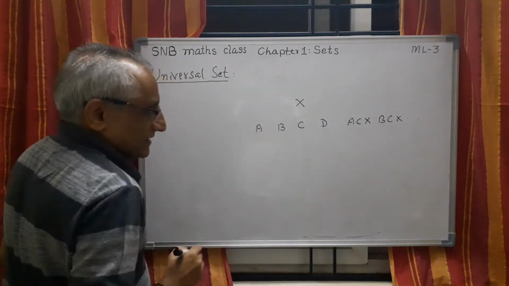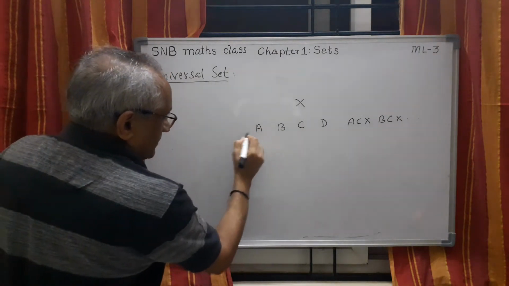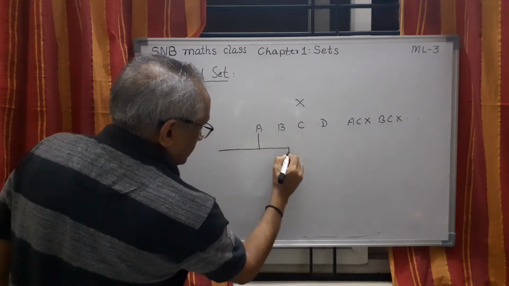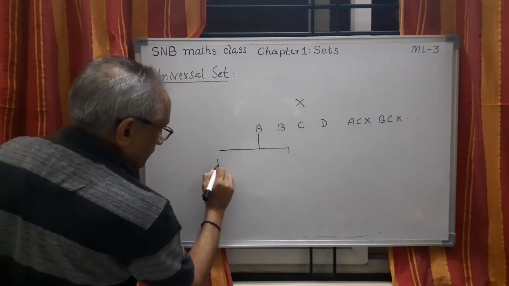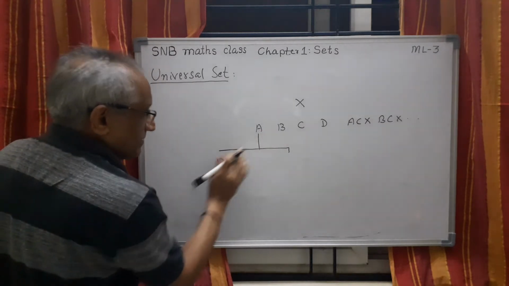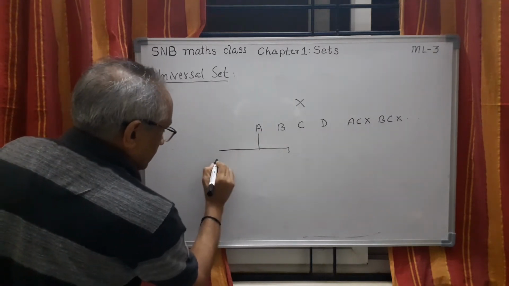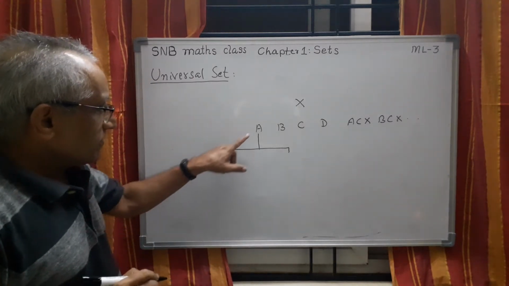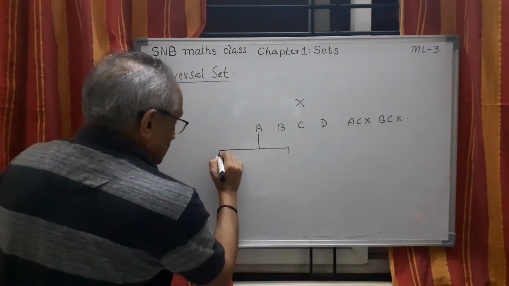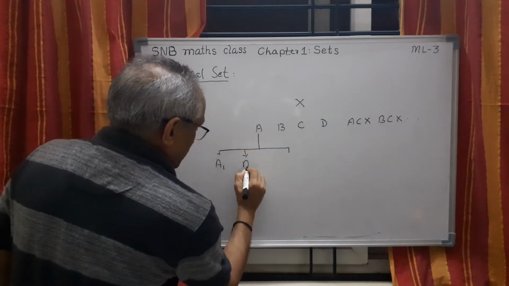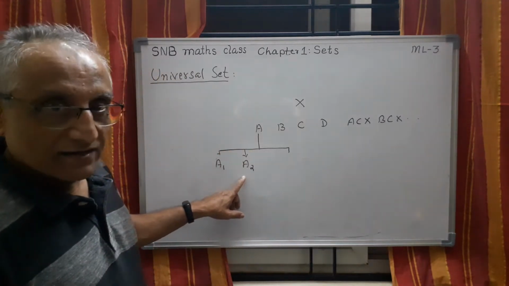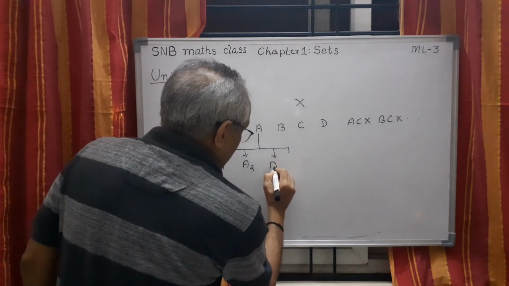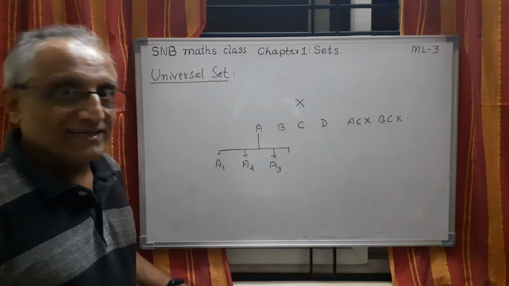Take your section A. Here once again, if you take A, I can make different subsets. For example, let me take A1. A1 means set of boys in this section. Then I can also make another set, A2, that is set of girls. Then I can also make another set, for example, a set of students who are playing cricket.